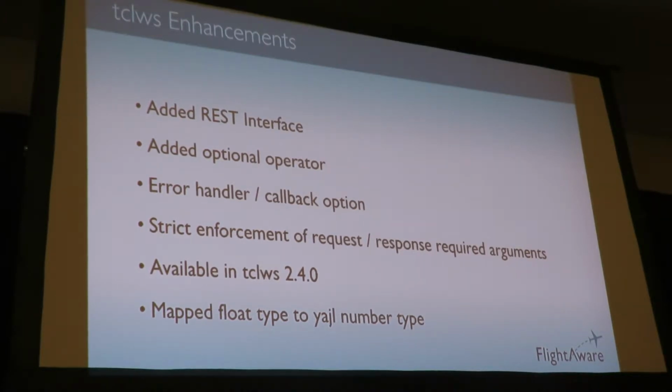We also have added an optional operator, which largely just matters in terms of specifying the min occurs number in the WSDL document that's going to be created. We added an option for an error handler that can be attached into tclws. You can also specify now if you want strict enforcement of your response and request parameters.